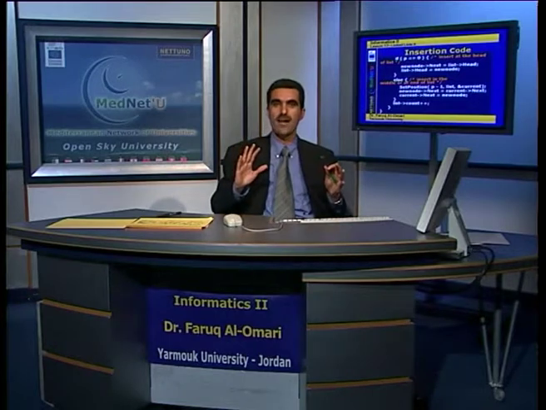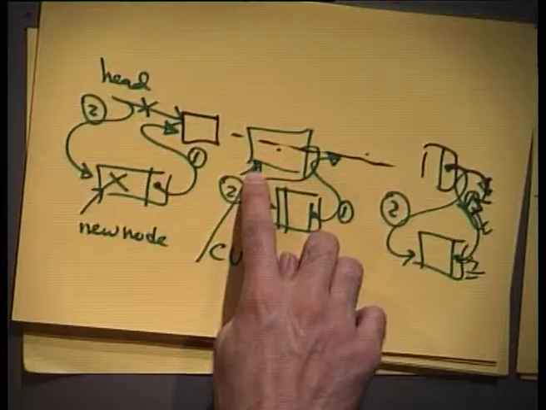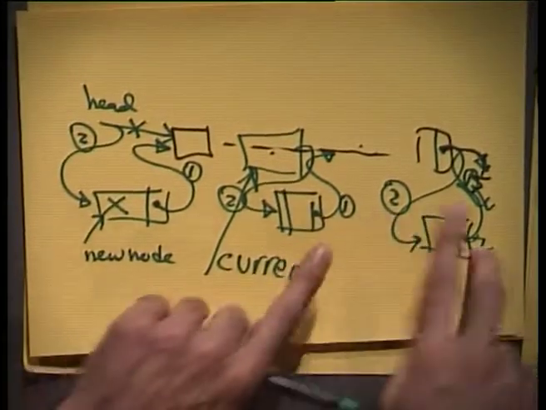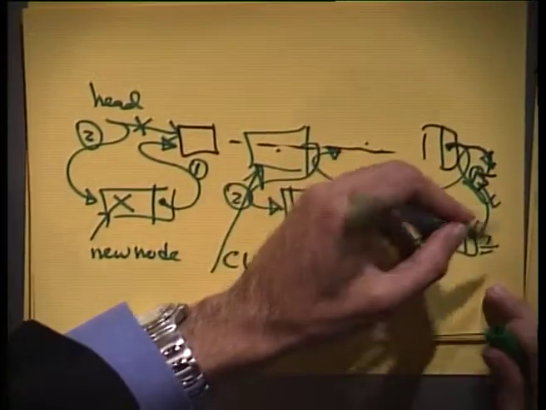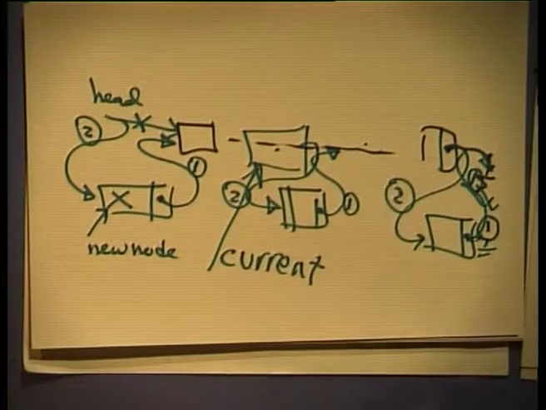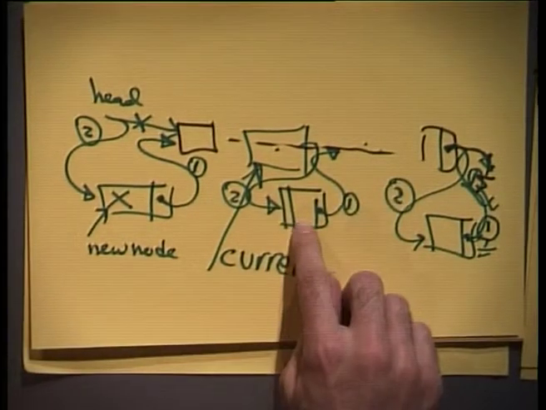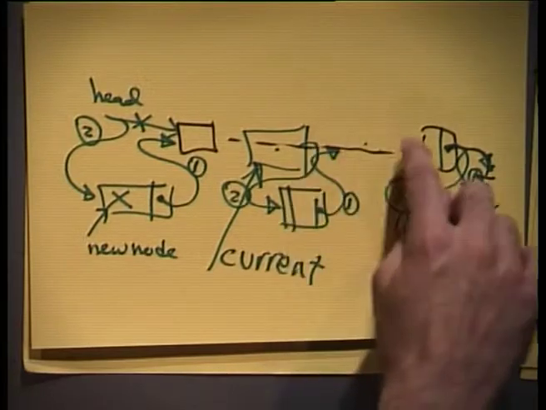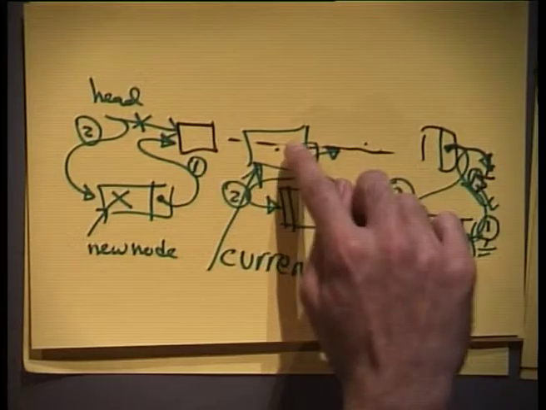What do I do after that? I'm at this position. Well, okay, step number 1, in here or in here. That's step number 1. Is to make new node arrow next point to whatever comes after this one.